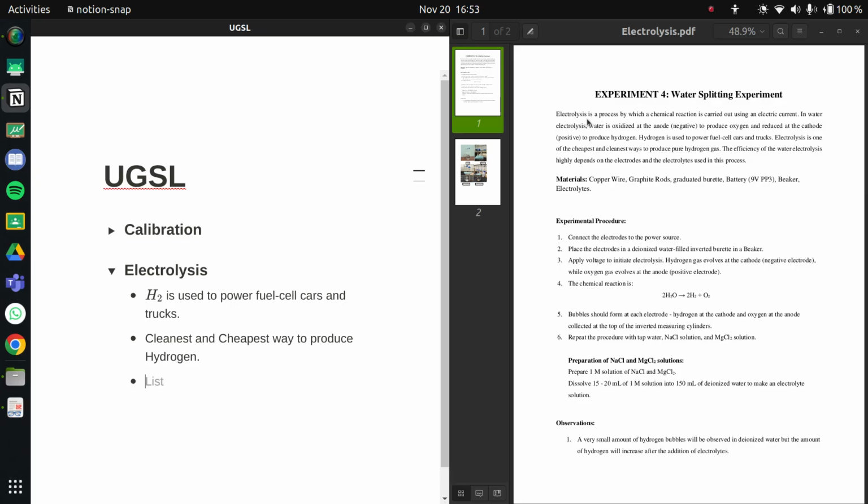Okay, then the efficiency of water electrolysis highly depends on the electrodes and the electrolytes used in the process.